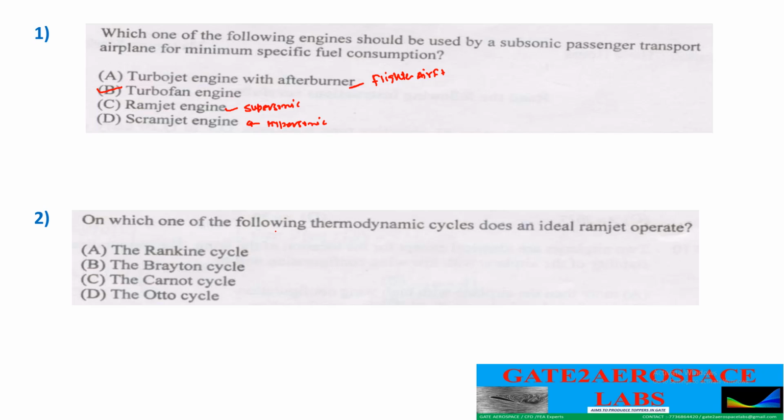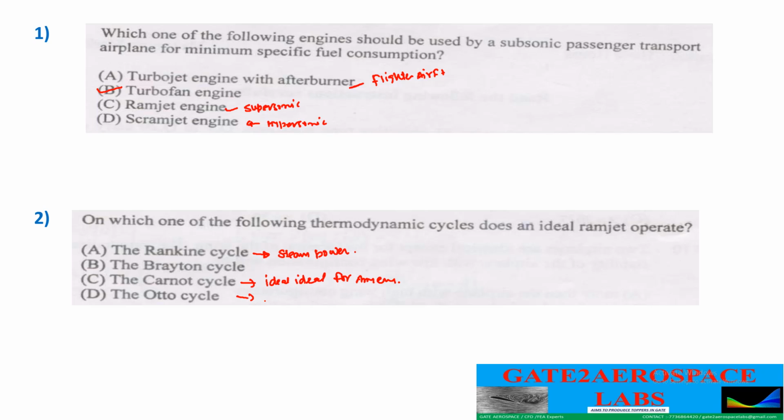On which of the following thermodynamic cycles does the ideal ramjet operate? You see, this Rankine cycle is for the steam power plant. The steam power plant operates on the Rankine cycle, and Carnot cycle is an ideal cycle, the ideal cycle for any engine.